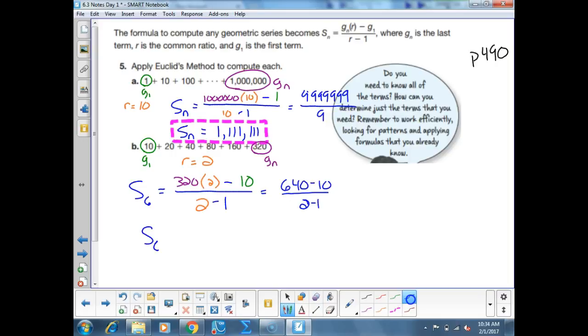So the sum here of the first 6 terms is 630.